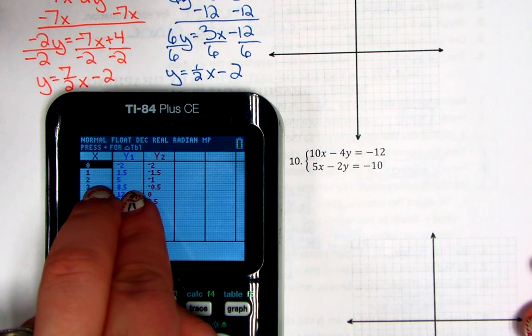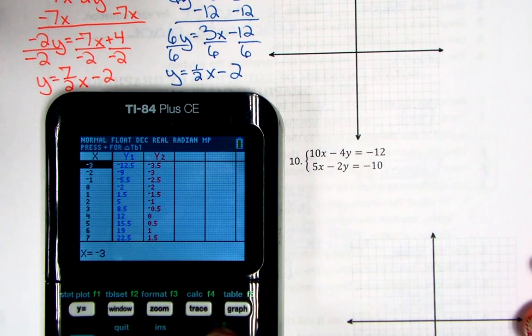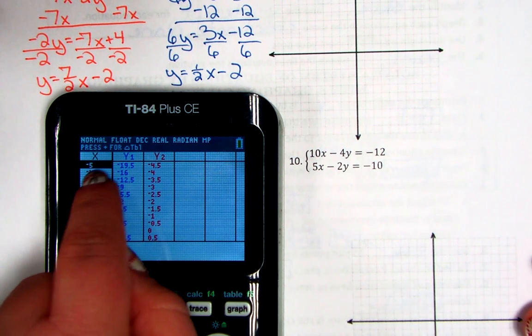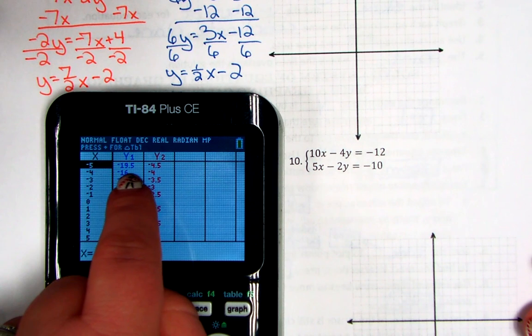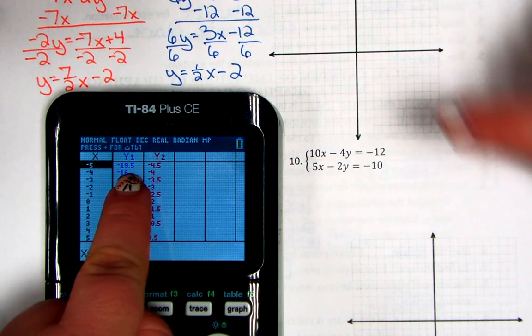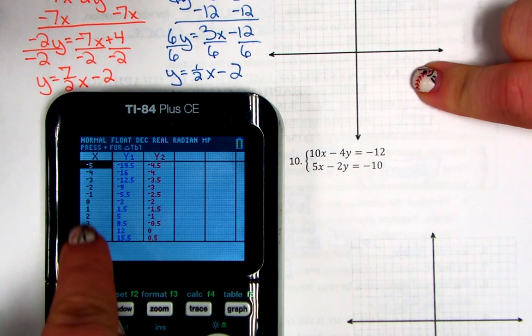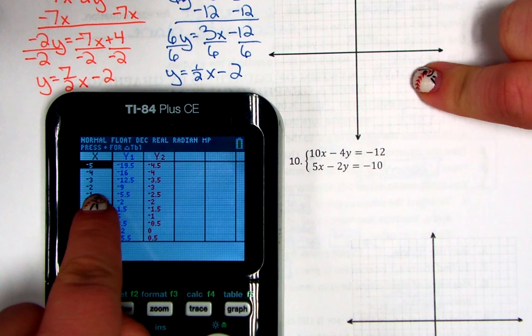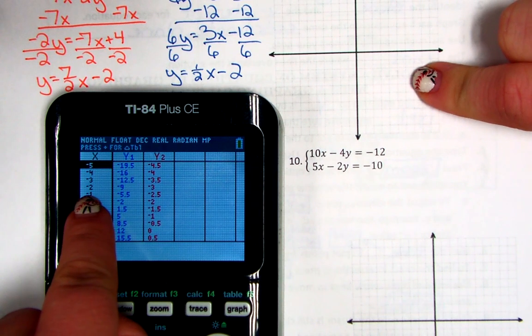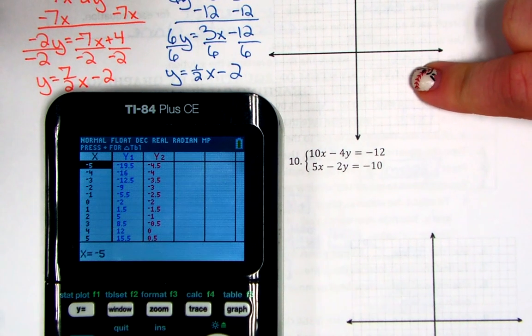And I'm going to pick a few of those points to plot on the graph. I only need to deal really with the ones that are nice and pretty and that will fit on the graph. Like, for example, when I get to -5, obviously negative 19.5 is not going to fit on this graph. So the first one it looks like that will fit nicely is at -2 and -9.